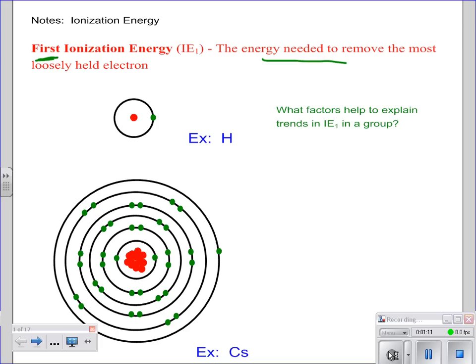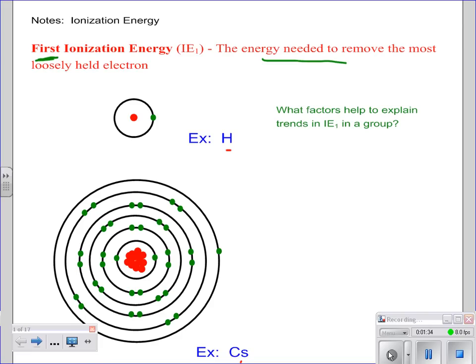So in this one, we want to think about what factors help to explain the trends in ionization energy in a group. If you think about what we're comparing here, we've got hydrogen and cesium. We look at our periodic table, and hydrogen and cesium, what group is that? Alkali metals.